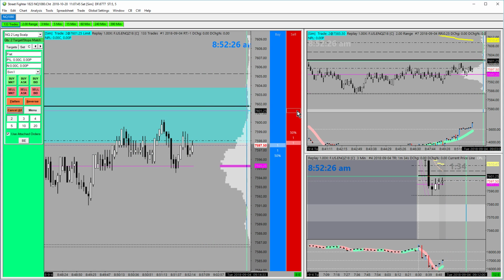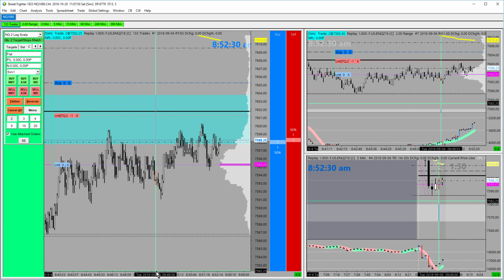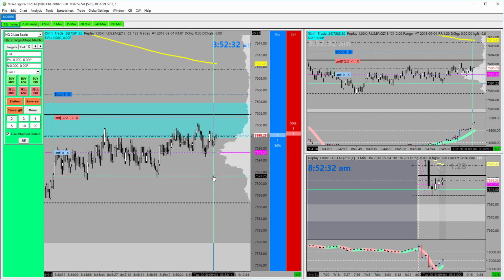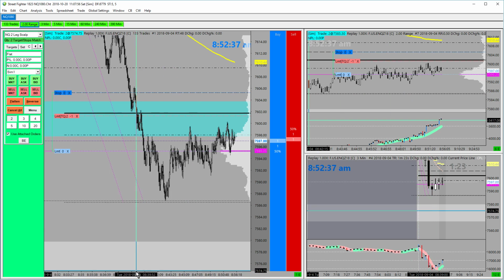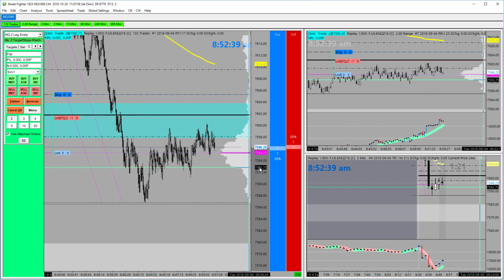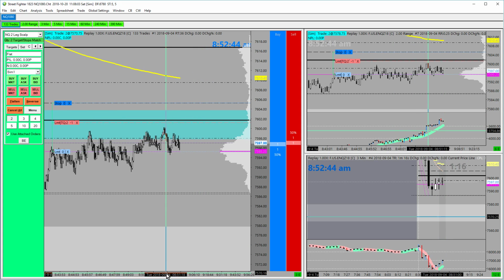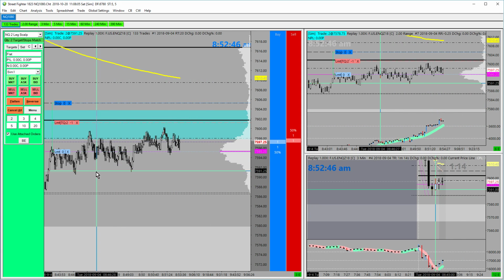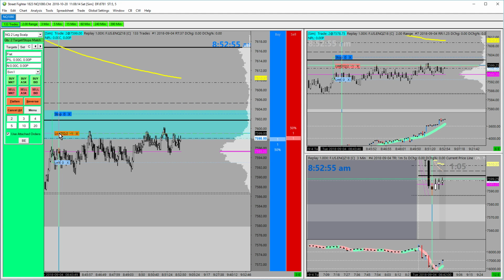Here, let's try and short here if we get it. Very, very positive on the CD though, right? It's just getting absorbed. Very, very positive.